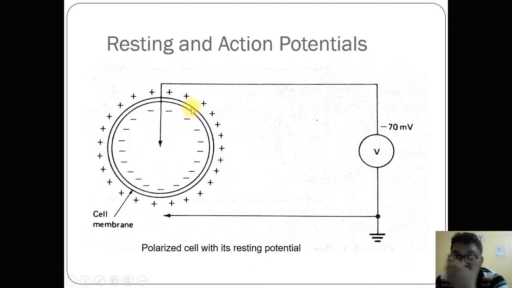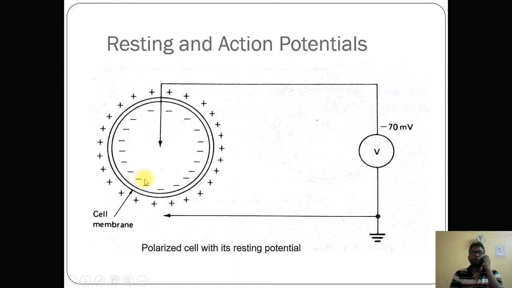So we have Na+ ions in the outer layer and K+ ions and Cl- ions inside. K+ and Cl- ions together give a net negative charge in the inner layer and a net positive charge in the outer layer.